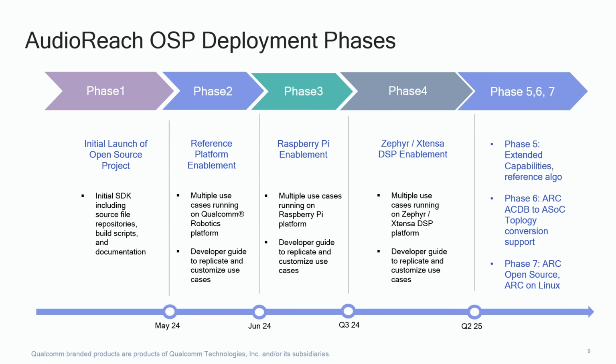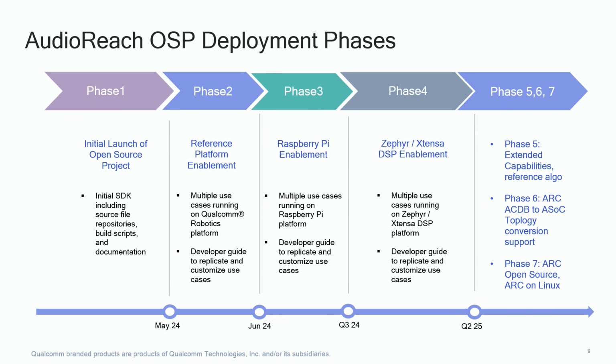We actually enabled it on the RB5 Gen 1, but as part of this initiative, we'd like to align to that. That's why we are looking at a June launch to support Qualcomm reference platforms. And for phase 3, we want to enable Raspberry Pi, but as I mentioned, we already got something going in the past couple of days. So we should be able to demo this in tomorrow's demo day.